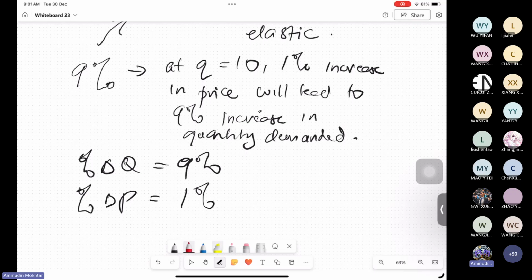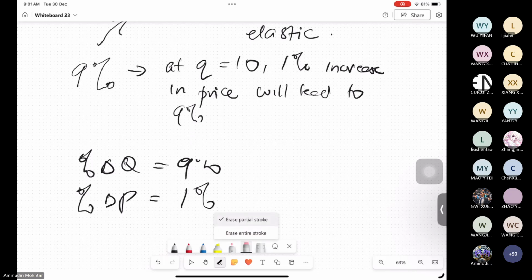It's not an increase, it's a decrease. Let me say it again: a 1% increase in price will lead to a 9% decrease in quantity demanded.